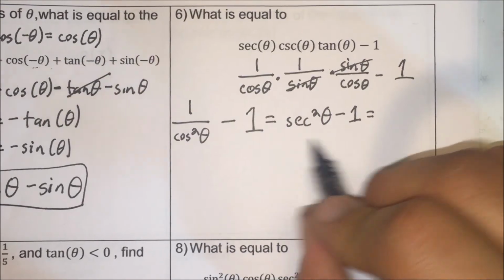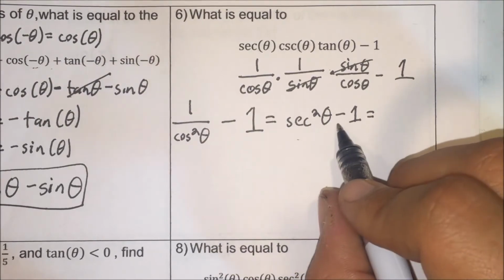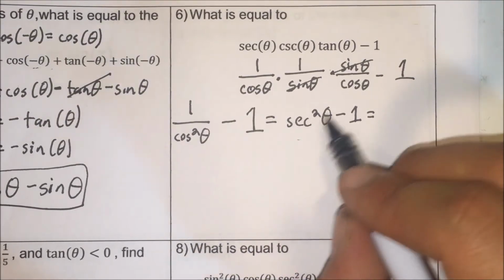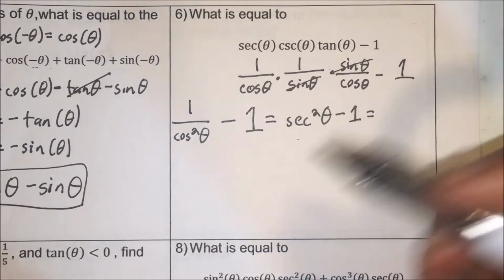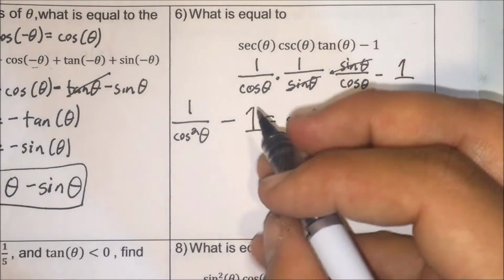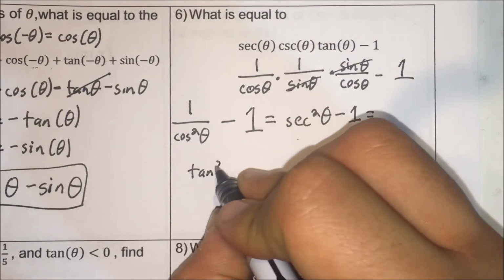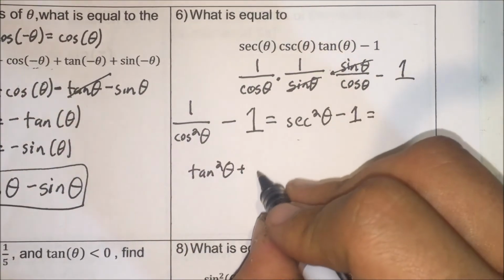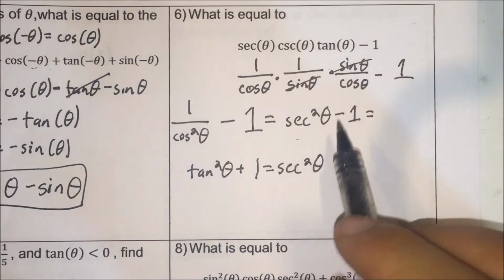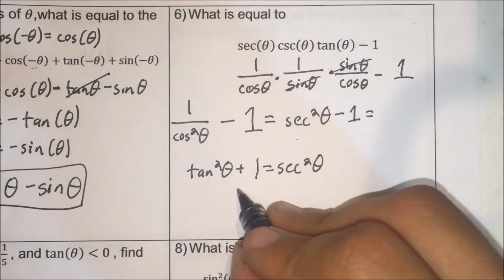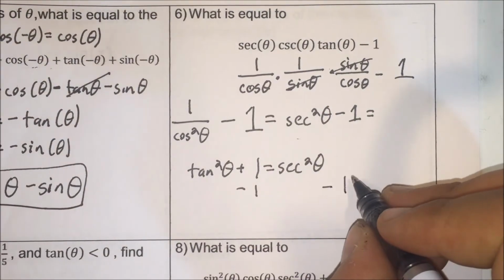And what is this? Well, a trigonometric value with a minus 1, or 1 minus it, should set off alarm bells that you might be dealing with a Pythagorean identity. And that is the case here. If you look, we see that tangent squared plus 1 is equal to secant squared. We want to get secant squared minus 1, so let's subtract 1 from both sides.